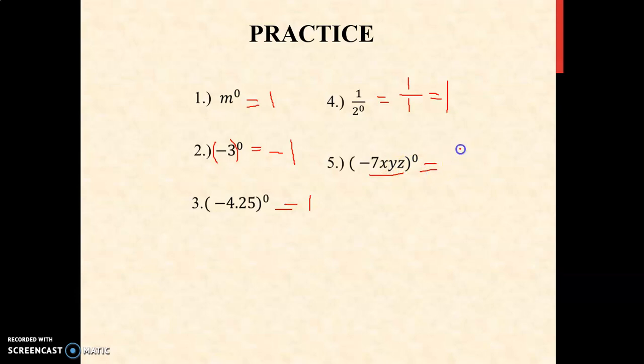Again, that is equal to 1. Okay? So do you have any question regarding 0 exponents? Always remember that any base whose exponent is 0 is always equal to 1.